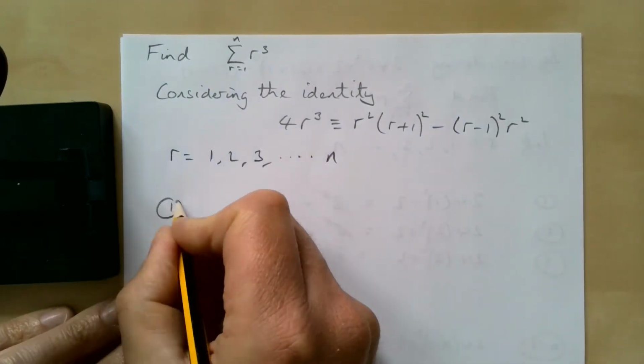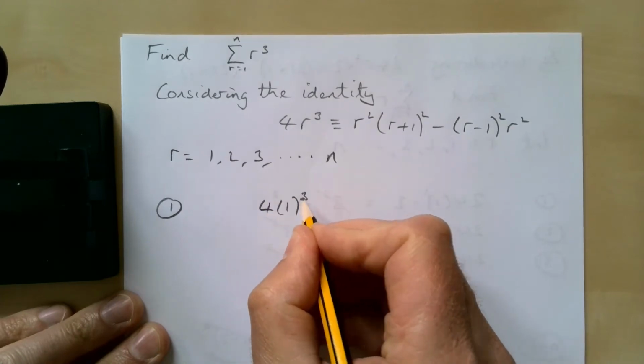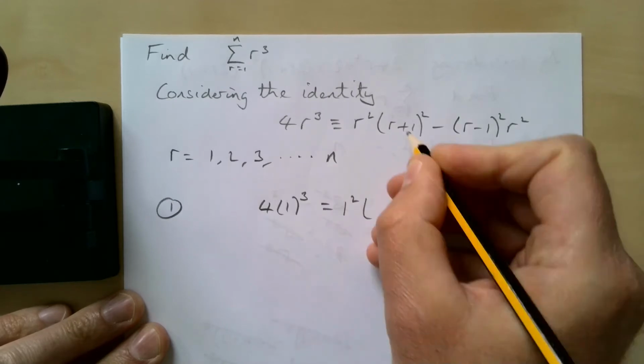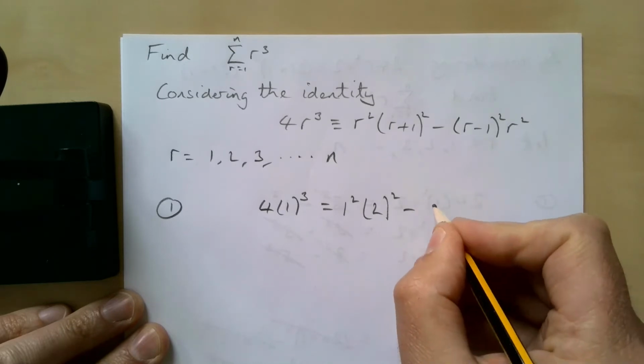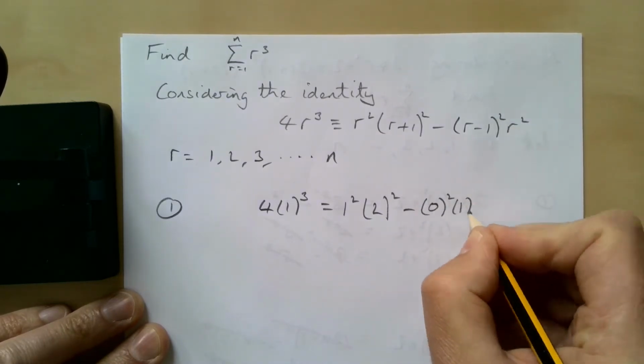So if we let r equal 1, it's going to give me 4 upon 1 cubed, and that equals 1 squared times (1 plus 1) which is 2 squared, take away (r minus 1), which is 0 squared, all over 1 squared.